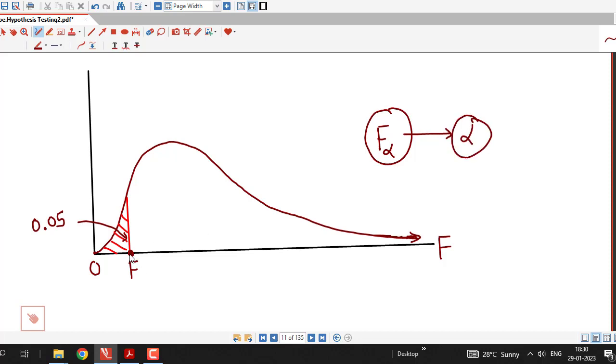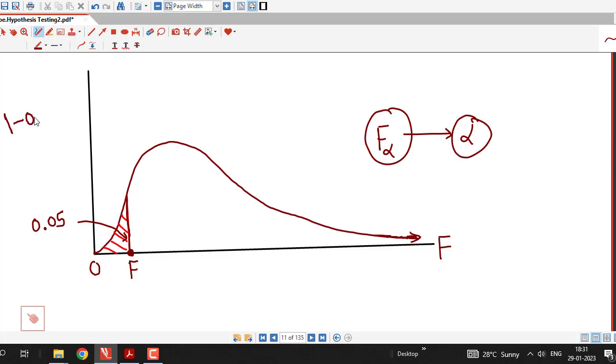So here I first have to decide what the area to the right side of this point is, and we know that the total area under the probability density curve is always 1. Therefore, the area to the right side of this point can be obtained by subtracting the area to the left side, which is 0.05.